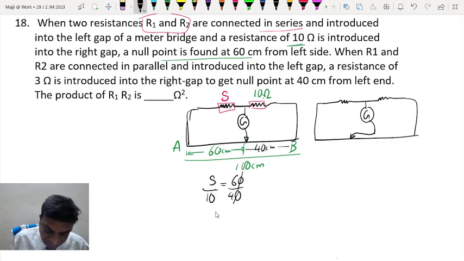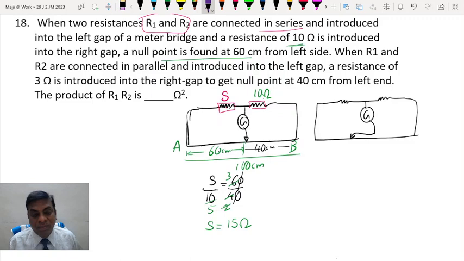After cancelling out, S is equal to 15 ohm. So the series combination of R1 and R2 will have an equivalent resistance of 15 ohm.